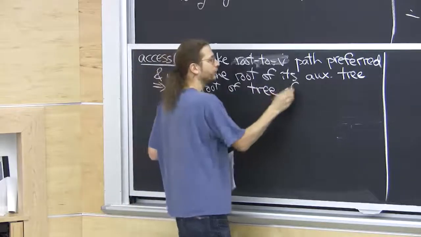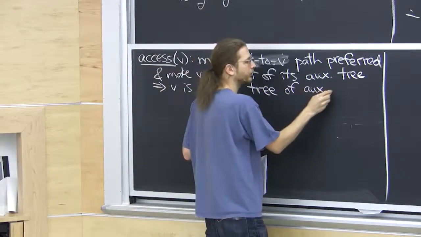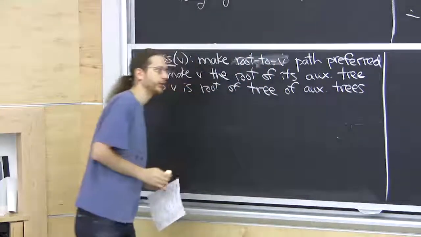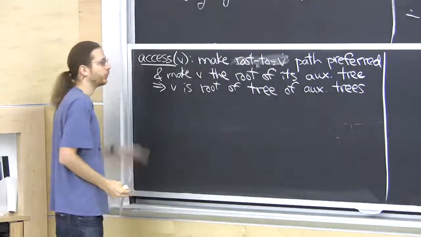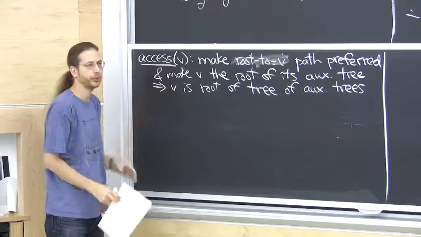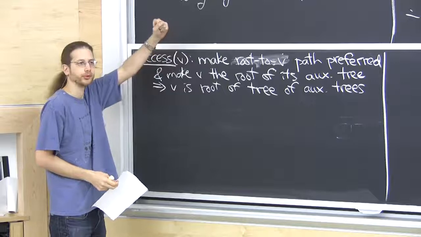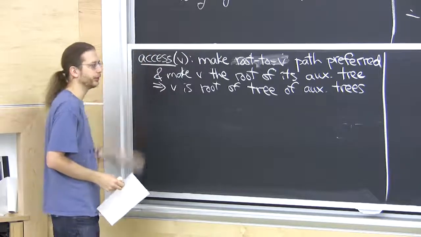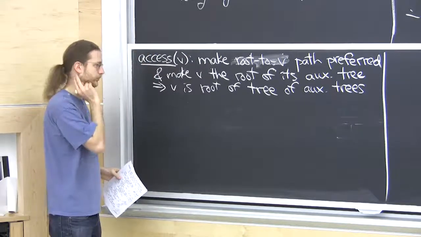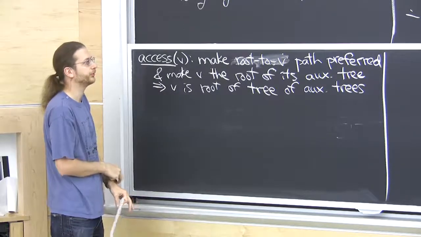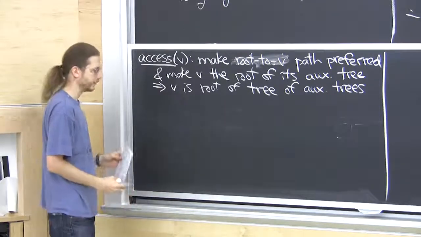It's the overall root for this tree of aux trees. Why do we do that? Well, it's sort of going to just be a consequence of using splay, because whenever you splay something, you move it to the root in the zigzaggy way. But it'll actually be really helpful to have this property. And that's why these are the simplest link-cut trees I know.